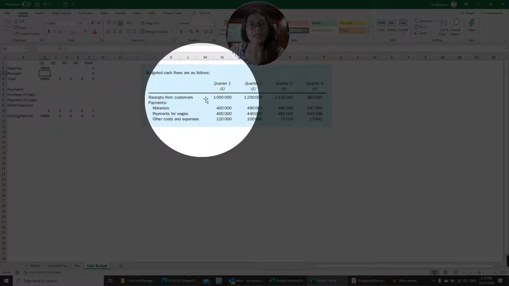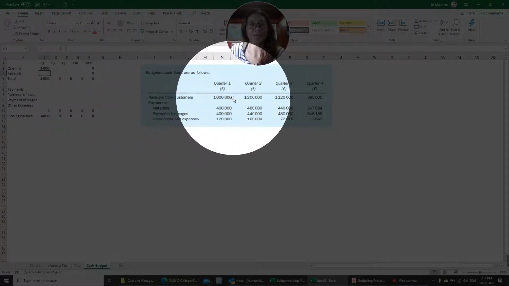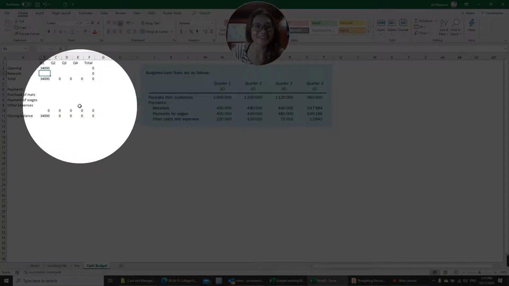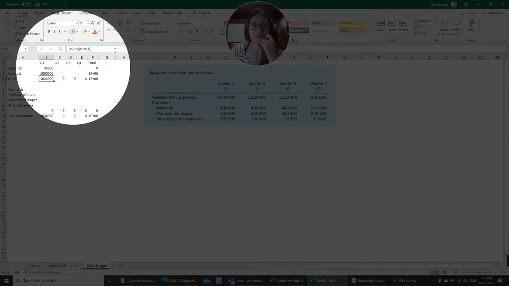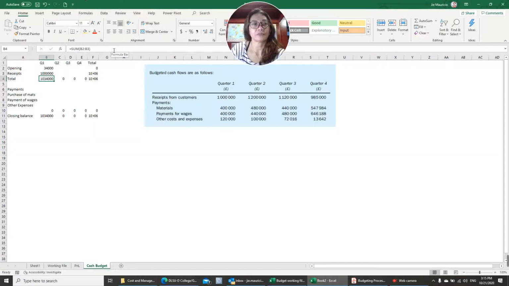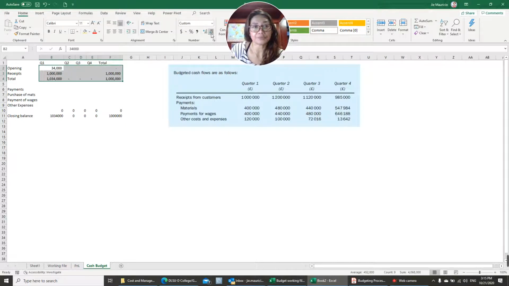And then it says here how much is your receipts from the customers. Very, very easy. So that's 1 million. So I just got the sum of the opening and receipts to get the total receipts. Okay? Now, in terms of payment, it's also given.